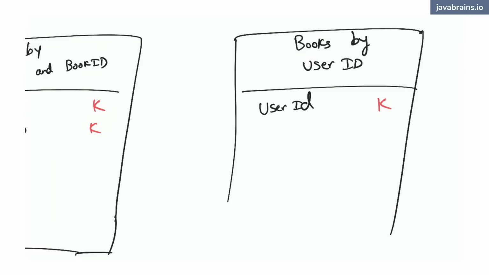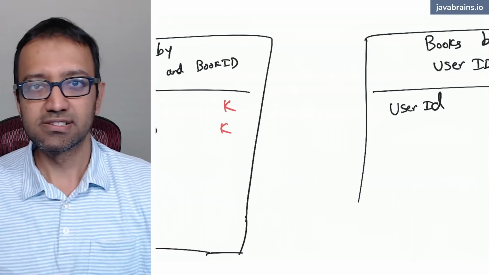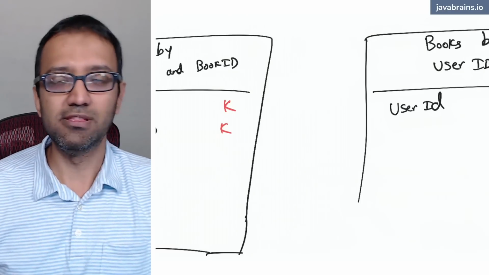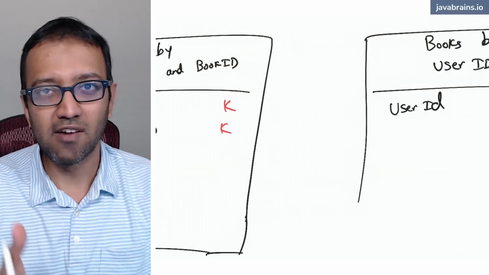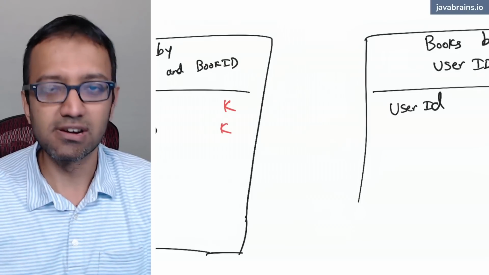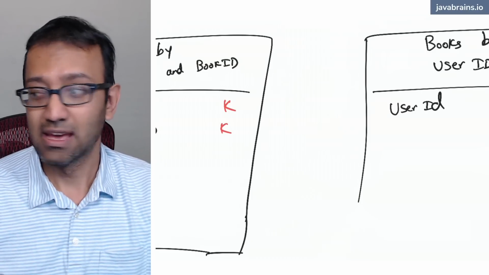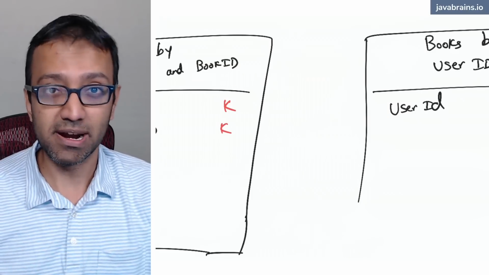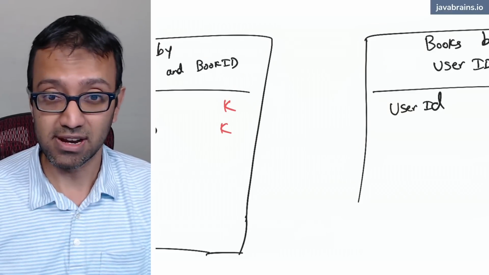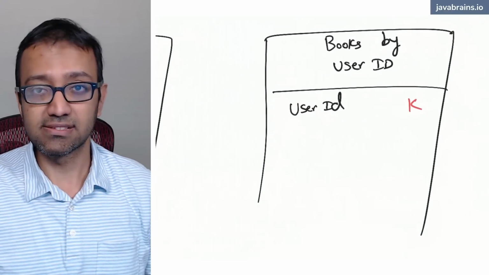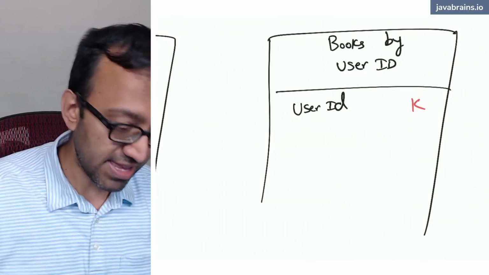All right, and again, as with authors and books, you don't want to have to contact multiple nodes. So you want to have all the books read by a user in one place. So I'm going to have the user ID be the partition key, and I'm not going to have the book ID be the partition key. I want all the books to be together, right? So I'm going to partition by user ID, but then nothing else, all right? All the books are going to be within that partition.